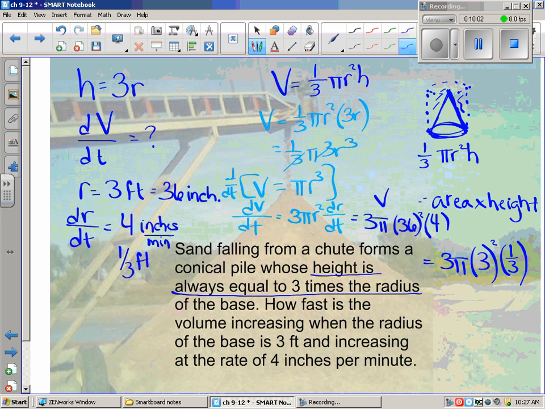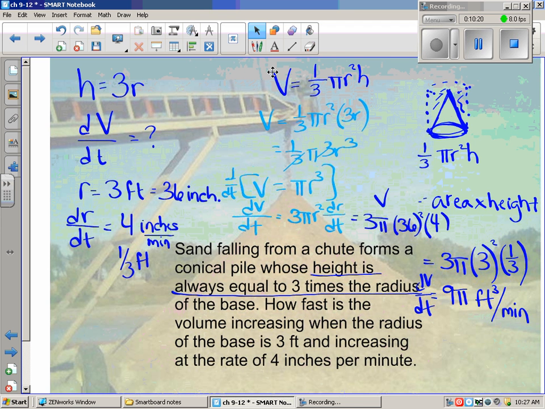So that gives me 9 times 3, or 27, divided by this 3 gives me 9 pi. So dV/dt would be 9 pi feet cubed per minute. That's how the volume of this conical pile is changing, or rather increasing. If it said decreasing, we would put a negative on there to show that it's actually negative.